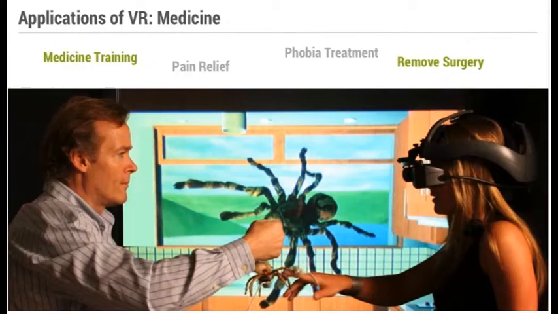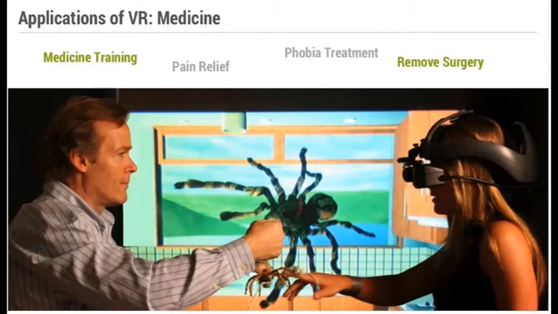training, remote surgery. It's something that is really coming along right now between robotics and virtual reality to allow telepresence of people in other places, as well as phobia treatment and pain relief. If you see the picture, this simulation is something in the middle between having the real spider and just treating the person with words.